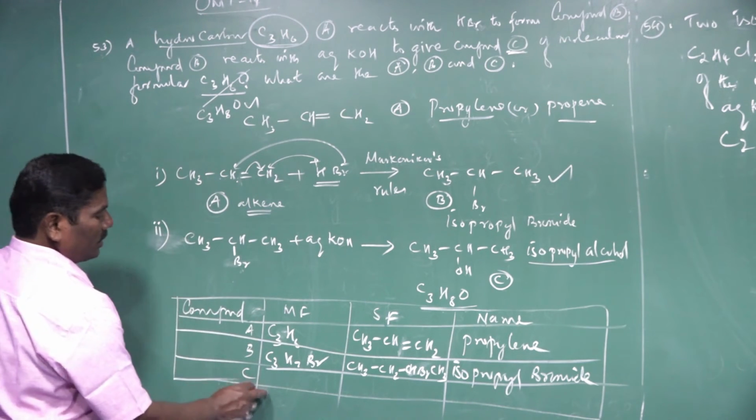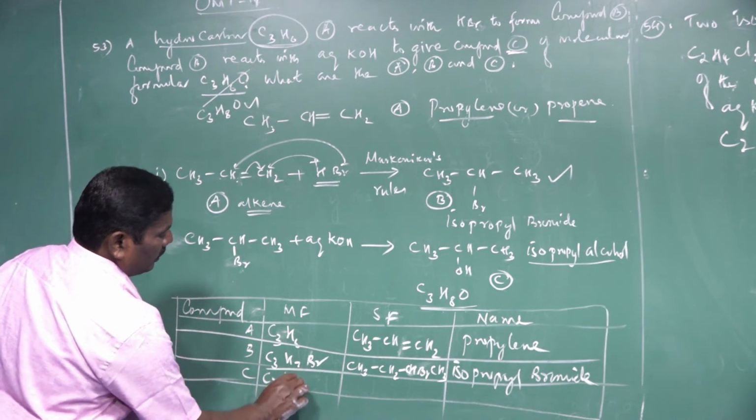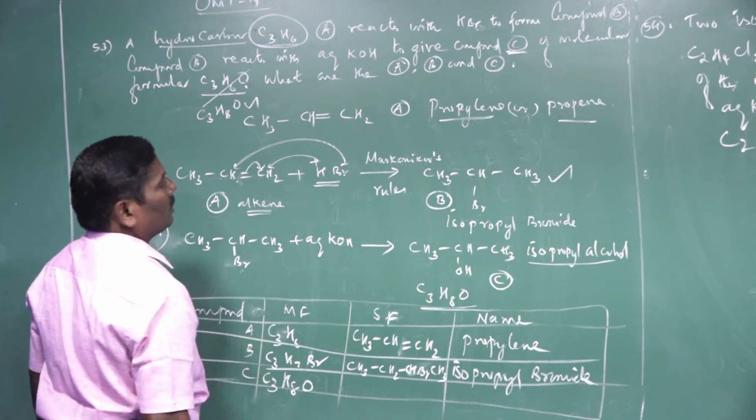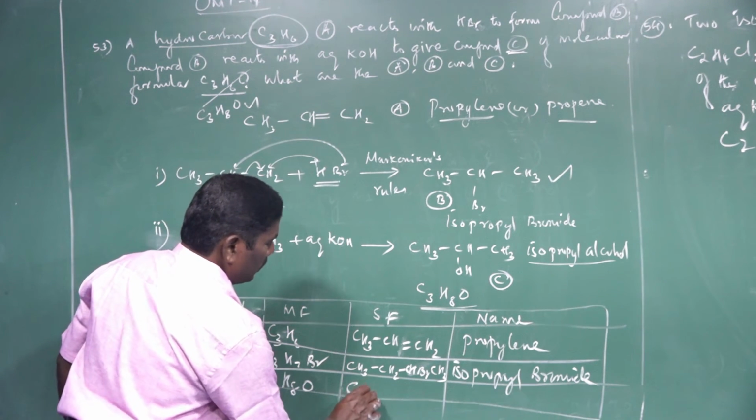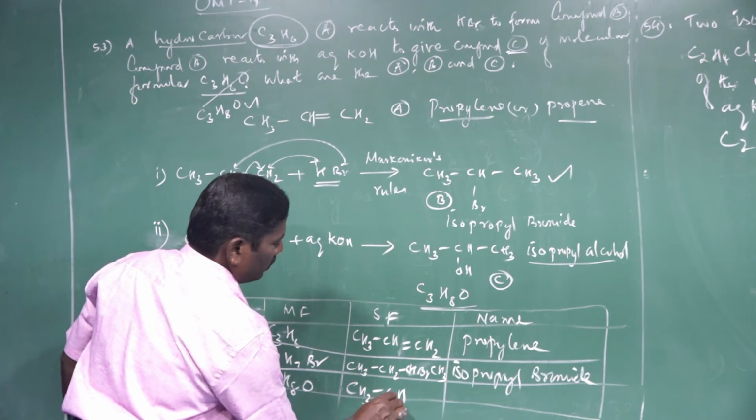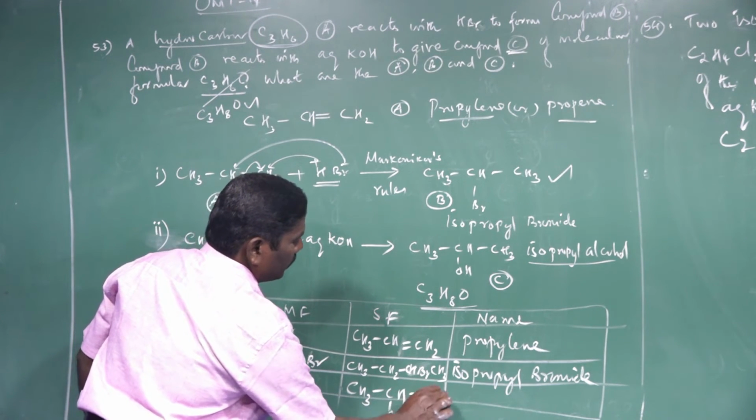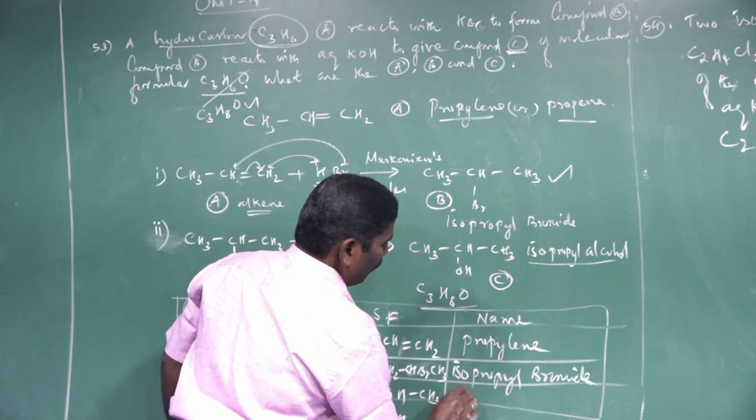Compound C: C3H8O, structural formula CH3CHOHCH3, called isopropyl alcohol.